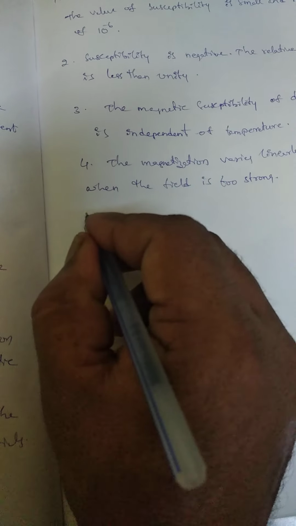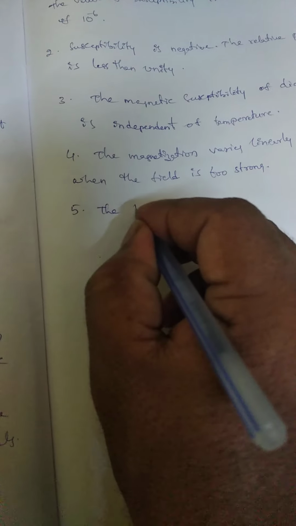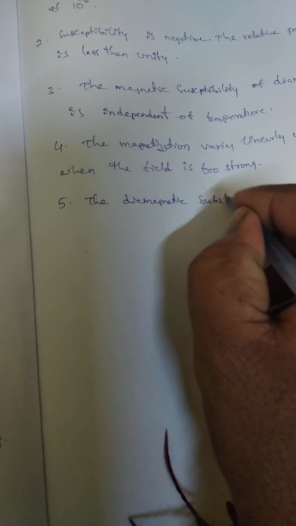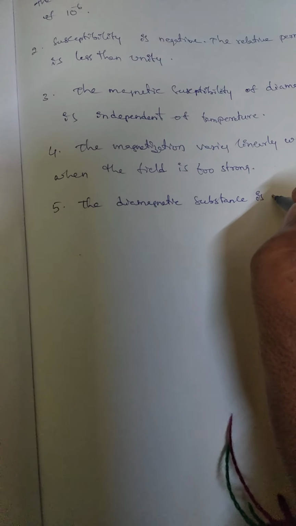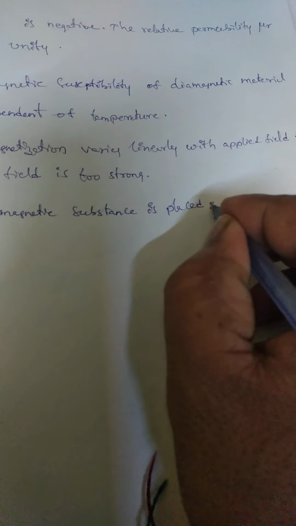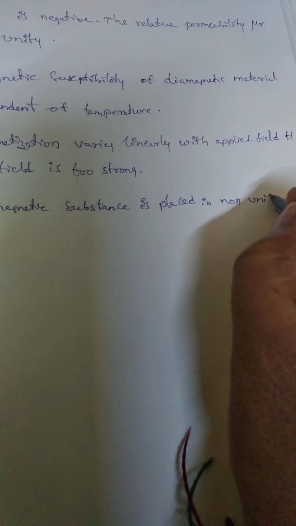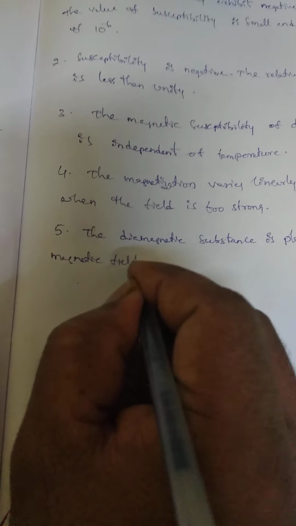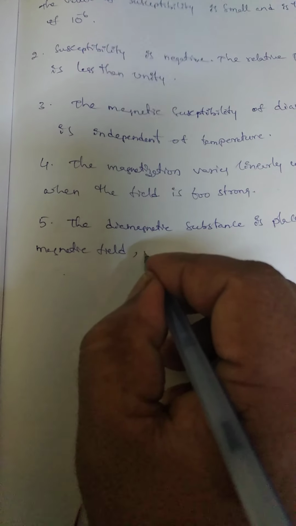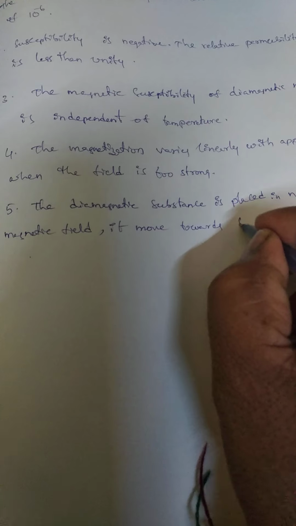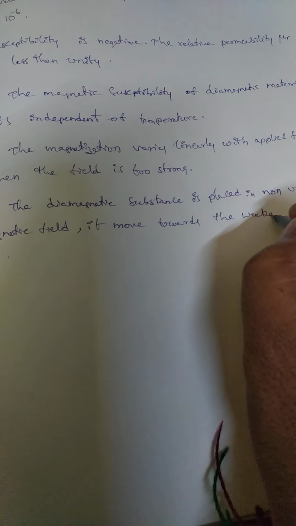When a diamagnetic substance is placed in a non-uniform magnetic field, it moves towards the weaker region of the field.